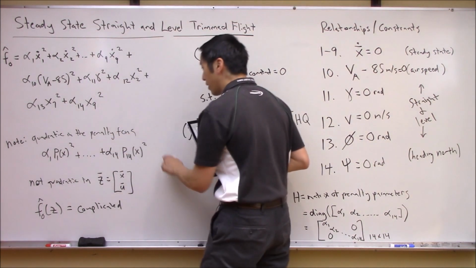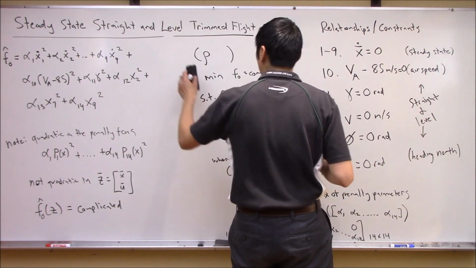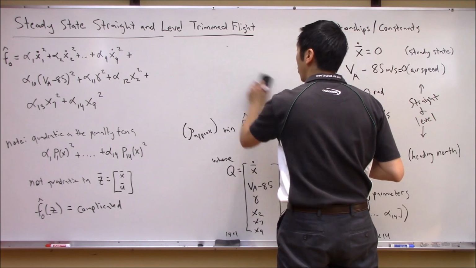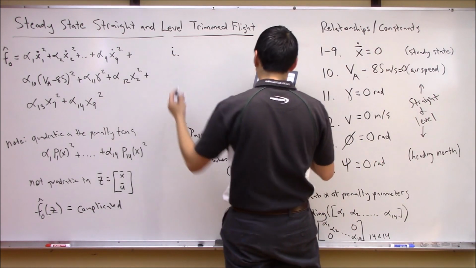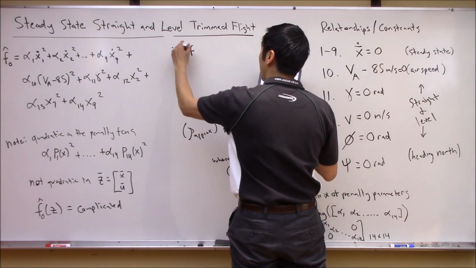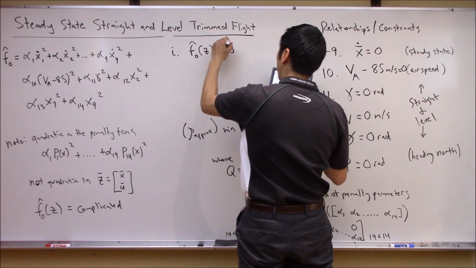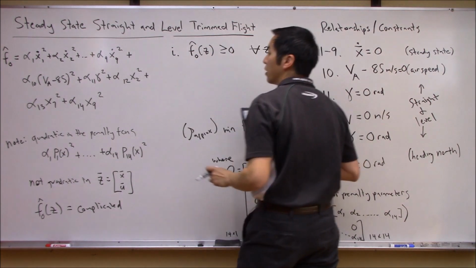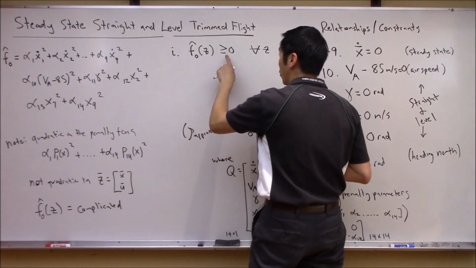And what's nice about this cost function, let me erase this, we don't need this guy anymore, is that it's got the behavior that we'd like. f0 hat of Z is greater than or equal to 0 for all Z. No matter what value of Z you stick in here, you always get something greater than or equal to 0.